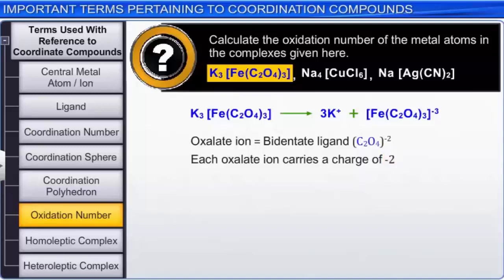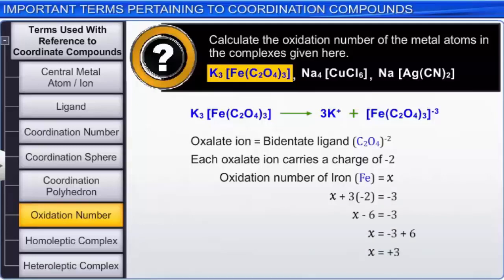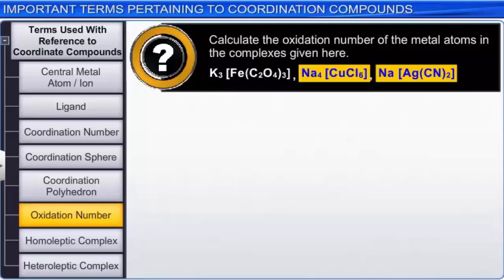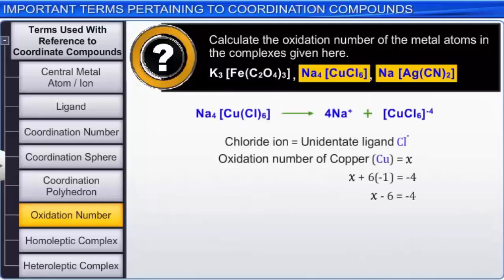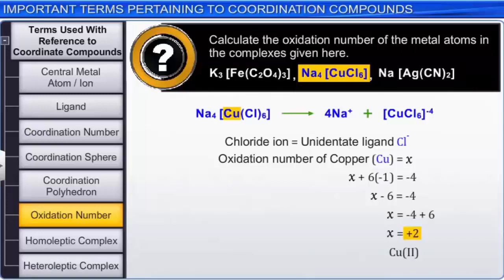The oxidation number of iron, which is assumed as x, is calculated as x plus 3 multiplied by minus 2, which is equal to minus 3. On simplification, we get x equal to plus 3. Hence, the oxidation number of iron is plus 3. Similarly, the oxidation numbers of copper and silver in the other two complexes are calculated as +2 and +1, as shown.